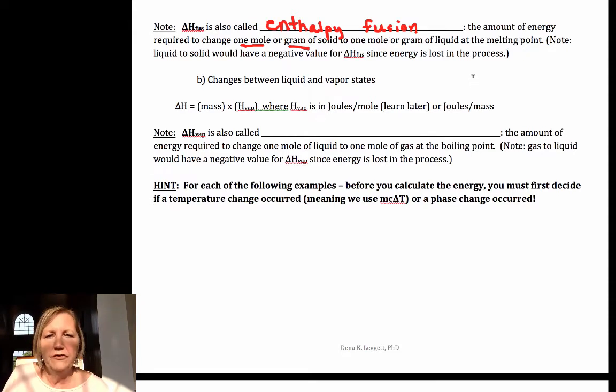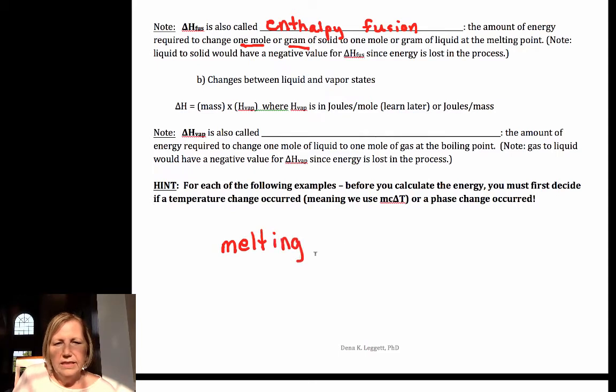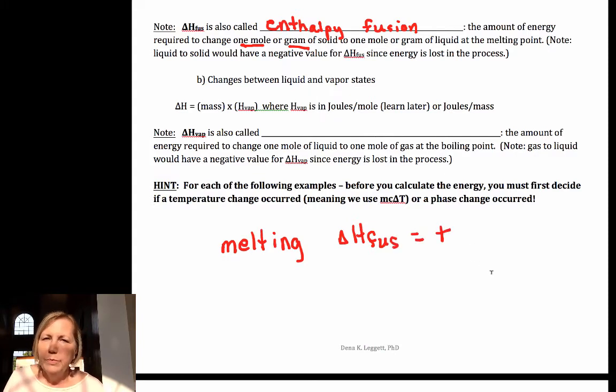Here, we have to provide the signs. Okay, so if we're looking at melting, delta H of fusion would be a positive value. Remember, if you put it on the stove, will it help? And the answer is yes, so it's endothermic.